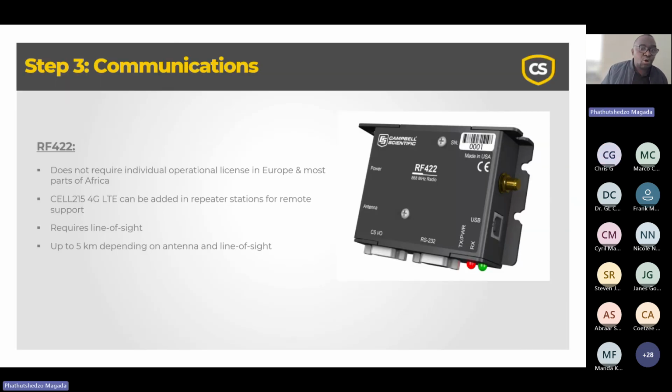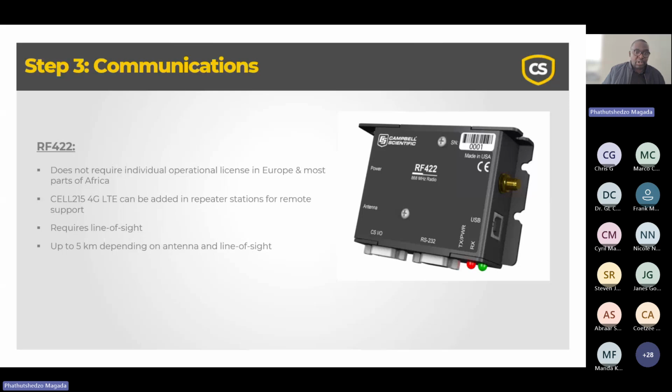This is an example of radio communication that we normally use here in Africa. It does not require licenses. It's called RF422, and it's able to communicate with 4G LTE. This cellular 215 can be added on the repeater station to ensure that there's remote support from the Campbell technical team.